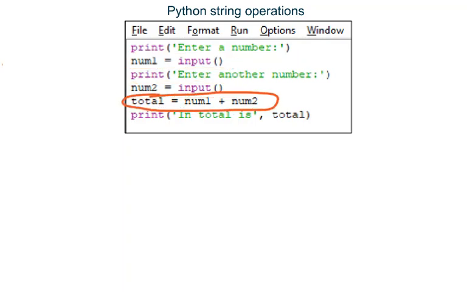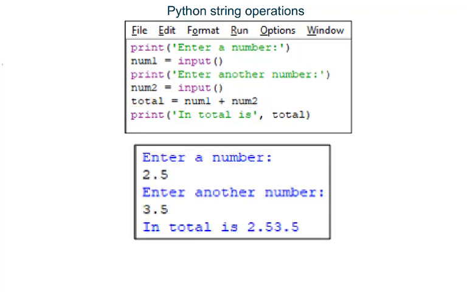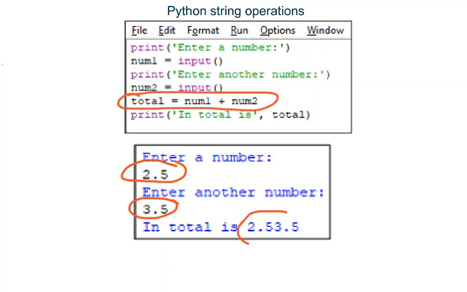So in line 5, Python doesn't do a mathematical addition, but instead concatenates the two values. I ran the program and entered 2.5, followed by 3.5. Python concatenated these, so it output 2.53.5.